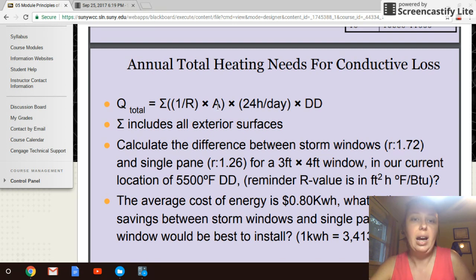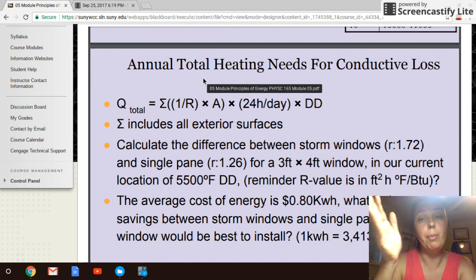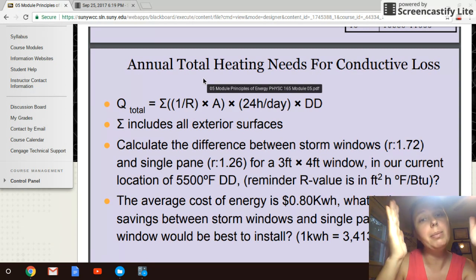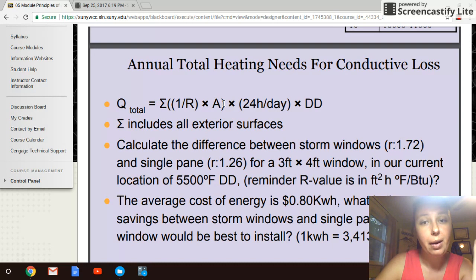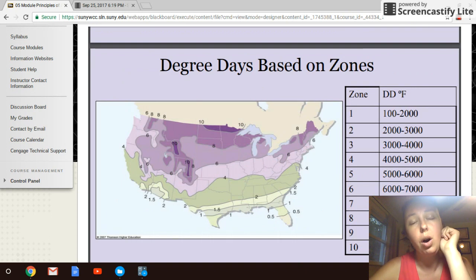That would then get added together. So I would take the sum of everything that makes up the exterior surfaces of my home, anything that touches the outside world. That would become my sum for this area of the number. I would then multiply that by 24 hours in the day. That'll cross out hours from my equation in R value. And that will get multiplied by my degree day, which is something that I would look up based on region off my table.